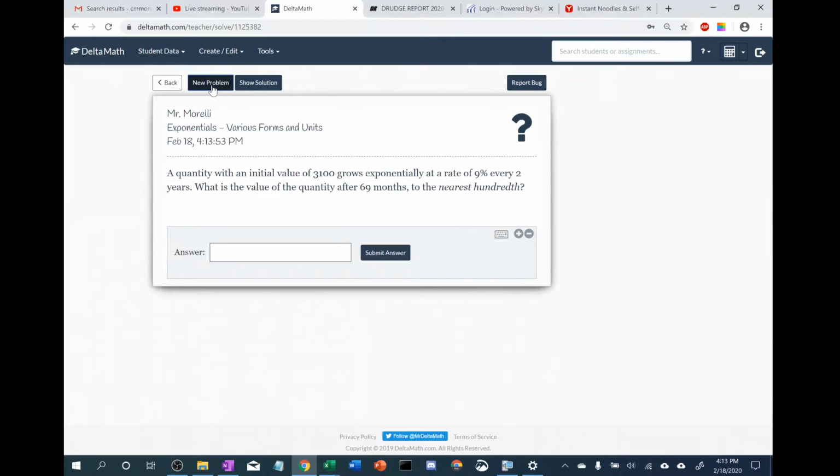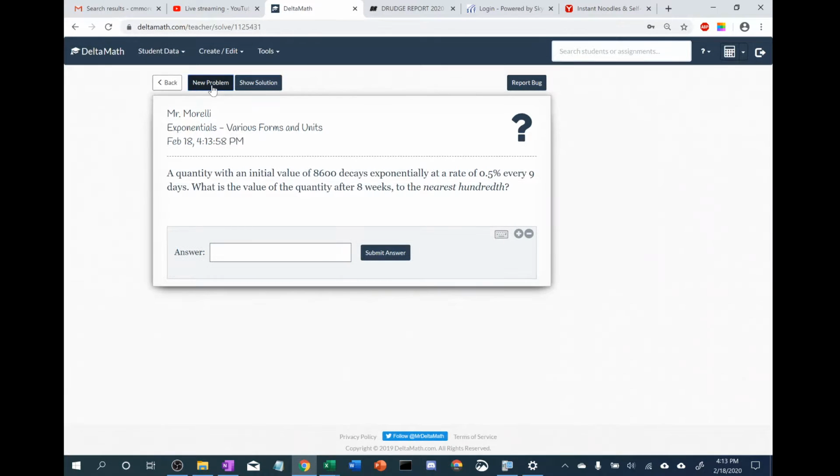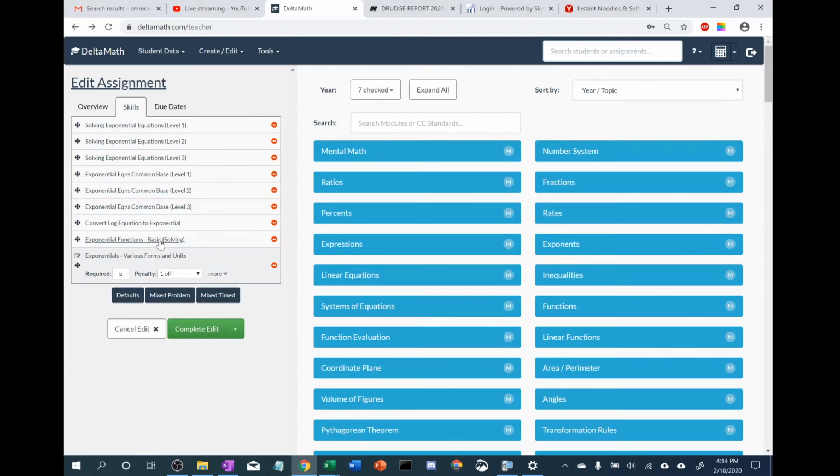Where's the element with the half-life? Let me just go back and try to find it.